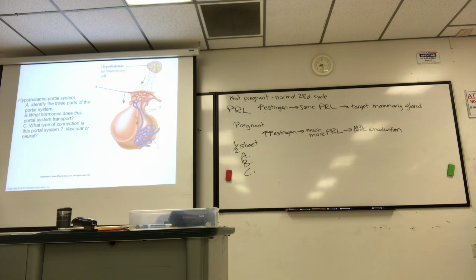For B, what hormones does this portal system transport? I mean, there's a bunch of them. There's like 6. If you put just a couple, I just want to make sure you're getting them for the right column. Okay? And then also, one word for C. What type of connection is this? Is it vascular or is it neural? Okay, so take some time. Answer A, B, and C. I'll check in.